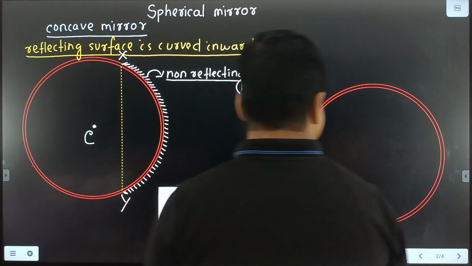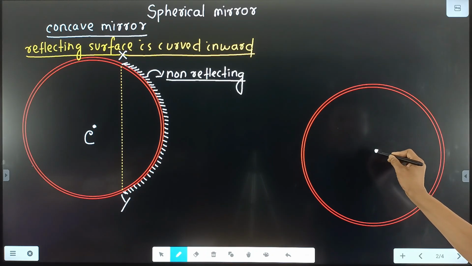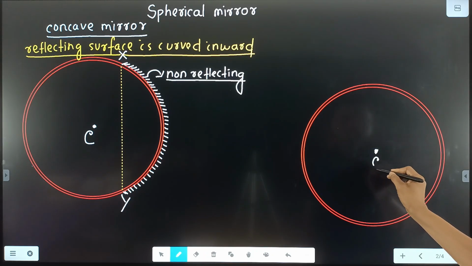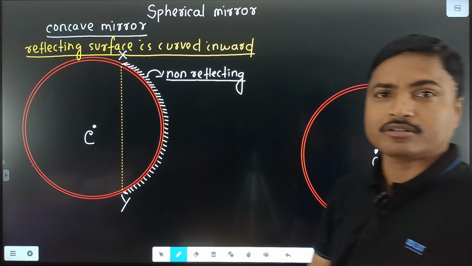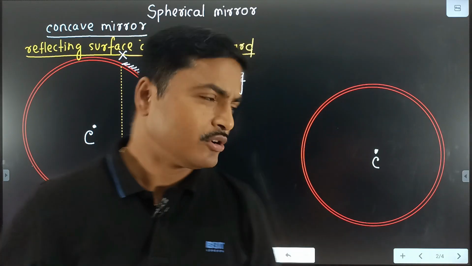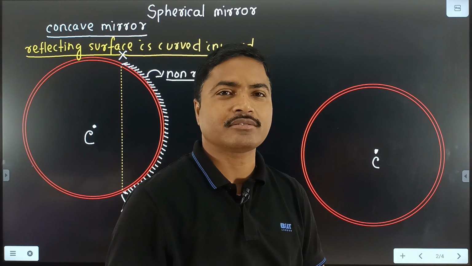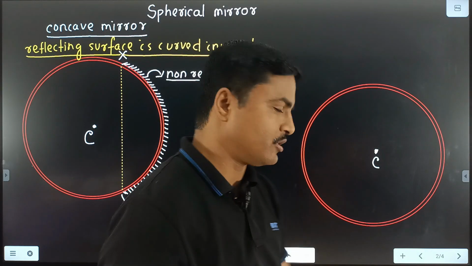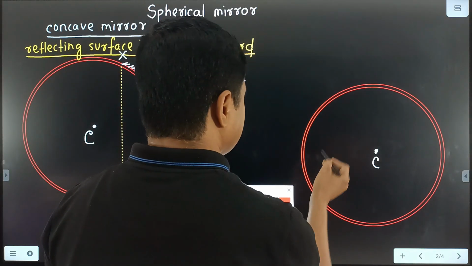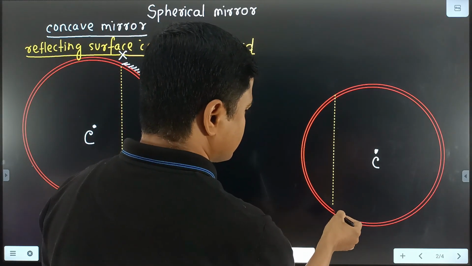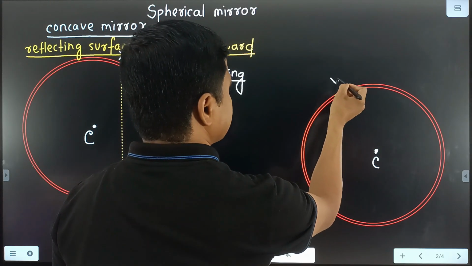And this point is the center of the hollow sphere, and for center we write C. Here also the material of this hollow sphere is glass. Here also two surfaces are there, the outer surface and the inner surface. And we take a small part of this hollow sphere, and suppose we write that as XY.